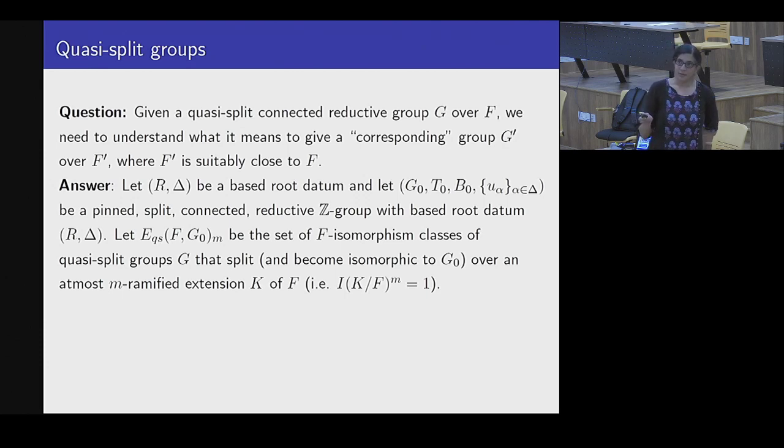Okay, so I am basically looking at all the outer forms of G naught that split and become isomorphic to G naught over an at most M ramified extension.